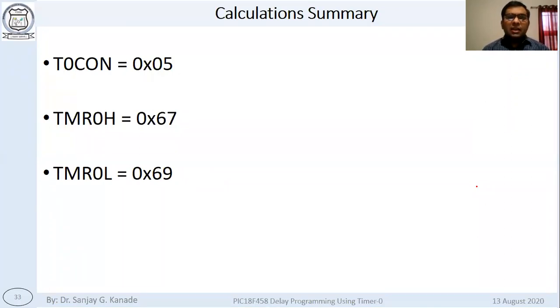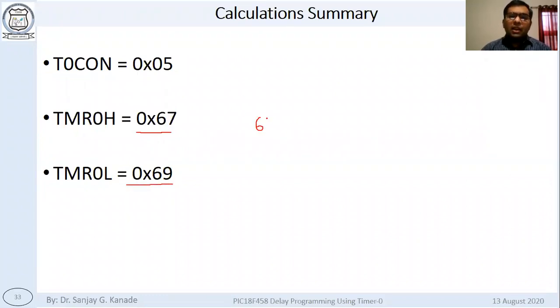Based on that, our T0CON is 0x05 and TMR0H will be 0x67 and TMR0L will be 0x69, right?